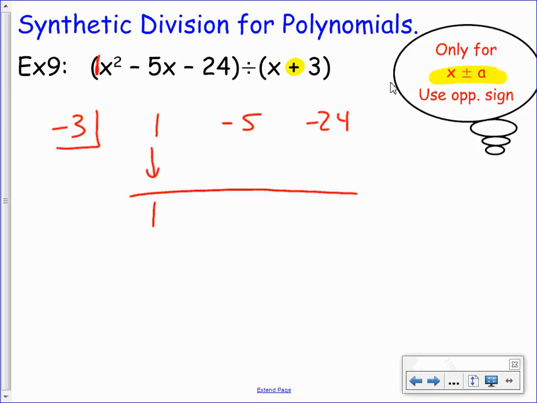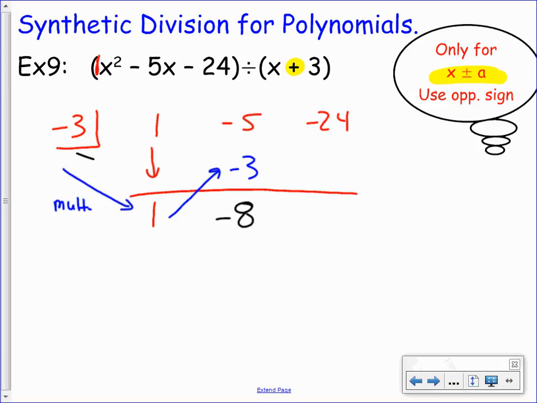Then you multiply negative 3 times 1, which is negative 3, and that goes right here. After you do that, you just add that column. Negative 5 plus negative 3 is negative 8. Then you start again.